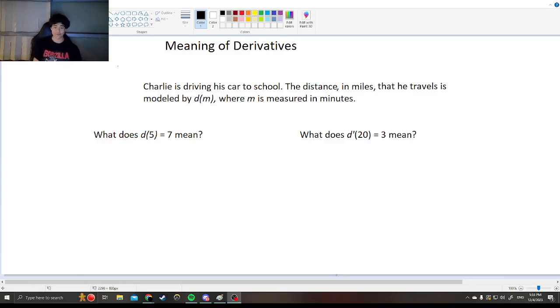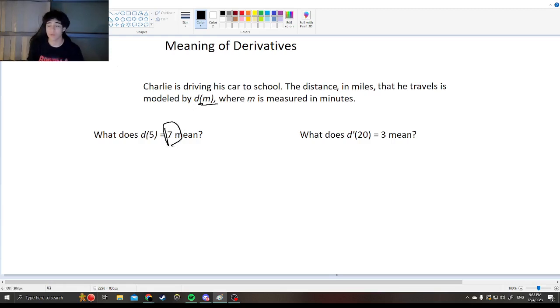So up here we have a little practice problem. It says Charlie is driving to school. The distance in miles that he travels is given by d of m, where m is measured in minutes. The first question is, what does d of 5 equals 7 mean? So this just means, what is this function representing? It represents the distance in miles that I'm traveling, depending on how many minutes. So d of 5 means you're replacing m, which is measured in minutes. So 5 minutes in, how far am I traveling?